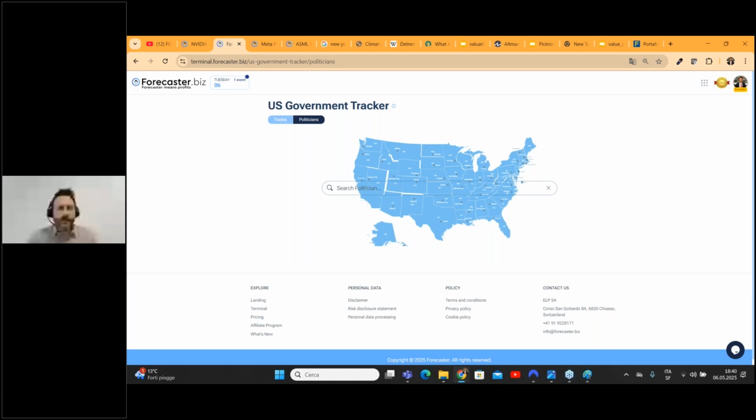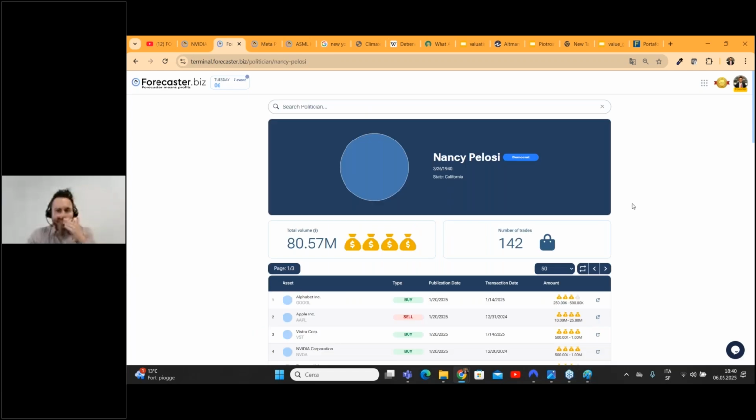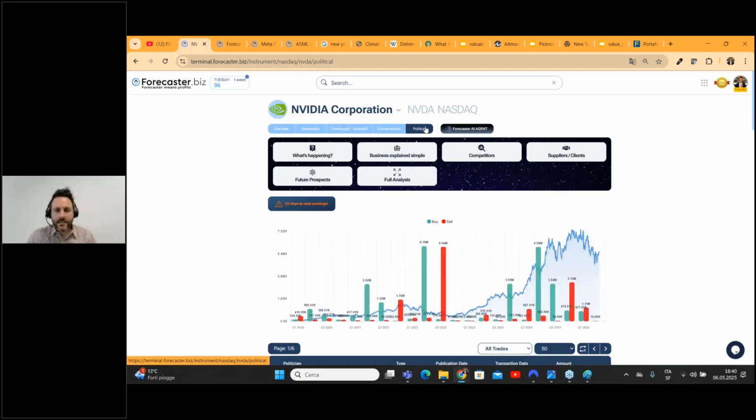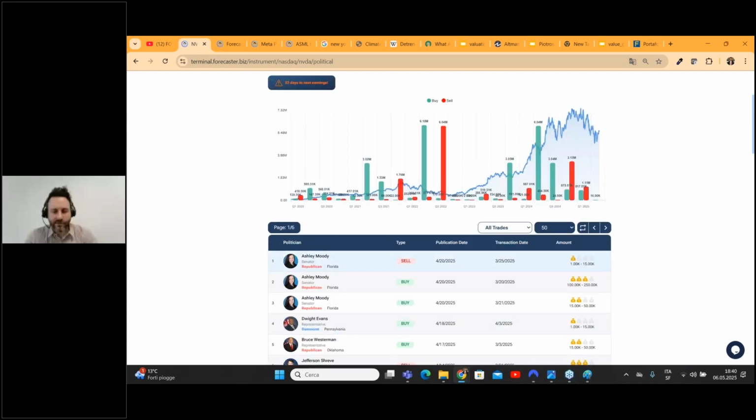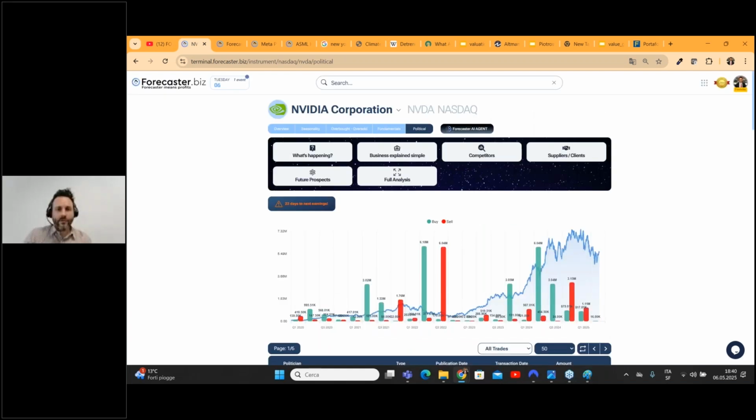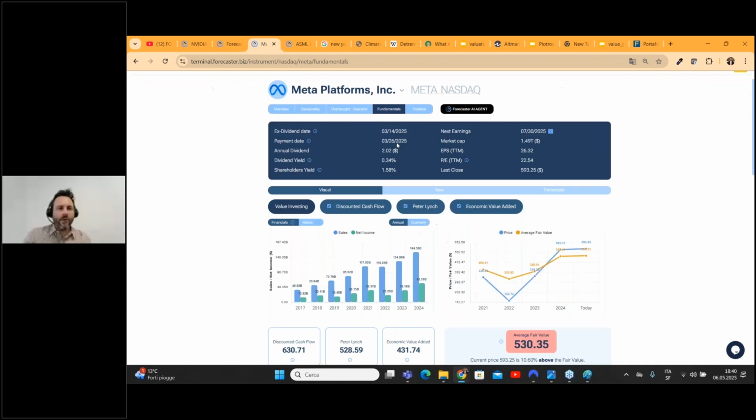Okay, but we have also the layer for a specific stock. So for example, in this case you can find all the trades for Nvidia. You can do it also for Meta. You can do it for all the American companies, the American shares.